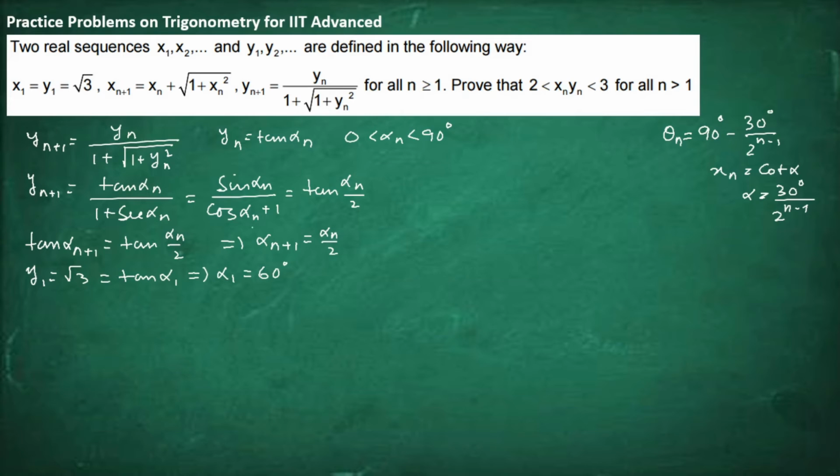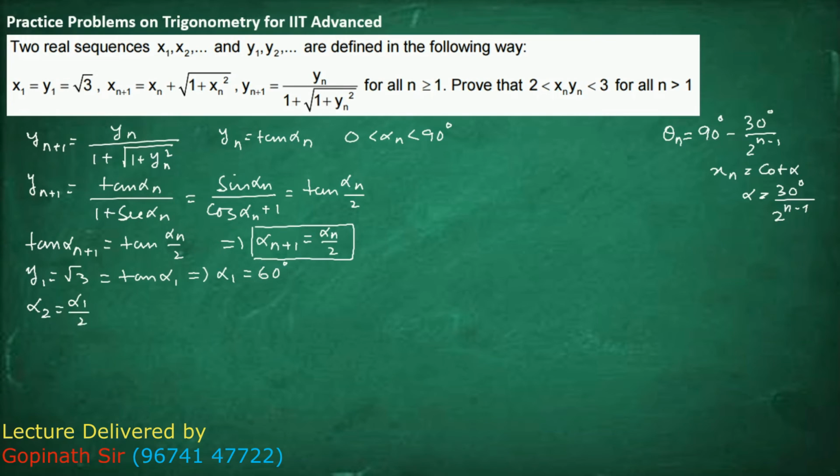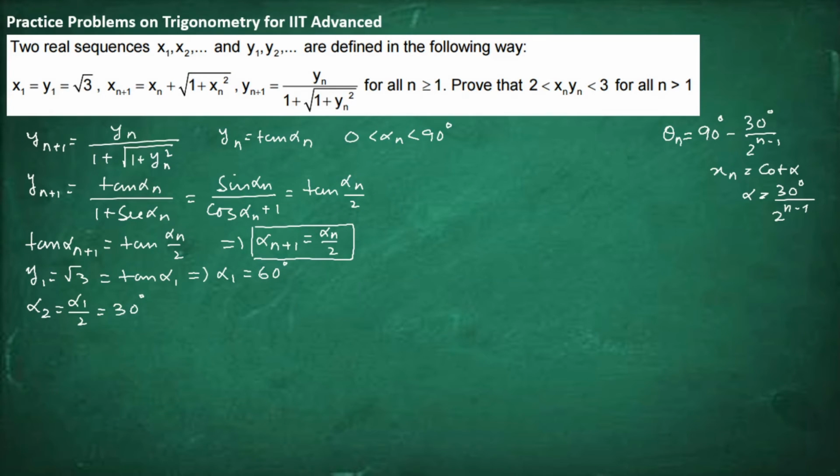Now let me put n equals 1 in this relation. So we are getting alpha 2 is nothing but alpha 1 by 2, which gives you 30 degrees, right? Now let us put n equals 2. So we are getting alpha 3 as alpha 2 by 2, which gives you 15 degrees, and so on.